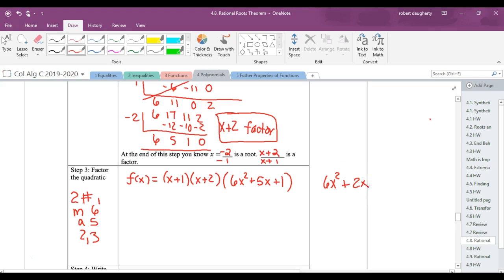Pardon me? 6 and -1 multiply to give you -6. Okay. So 6x squared plus 2x plus 3x plus 1. Factor this by what method? Grouping. So that's 2x times 3x plus 1 plus 3x plus 1. What is that factorization right there? Yeah. Yeah, 2x plus 1, 3x plus 1.